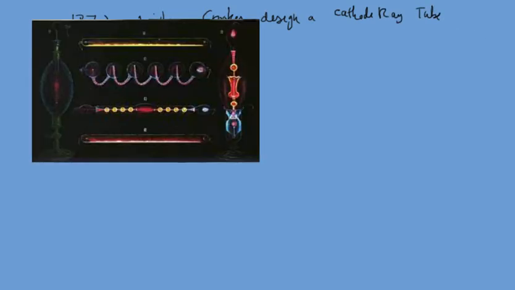In 1870, there was a man called William Crookes who designed a cathode ray tube, and I will bring it up.